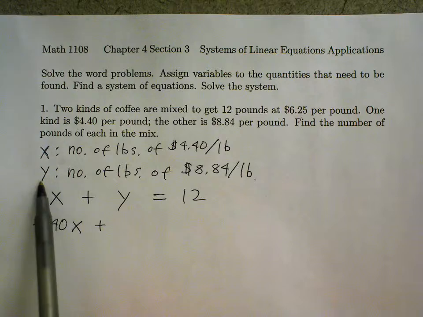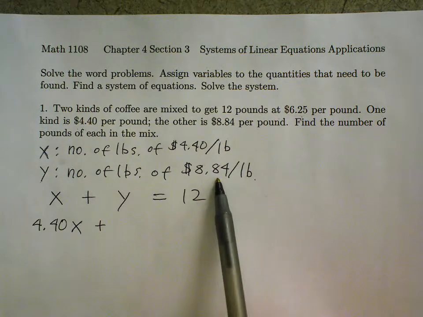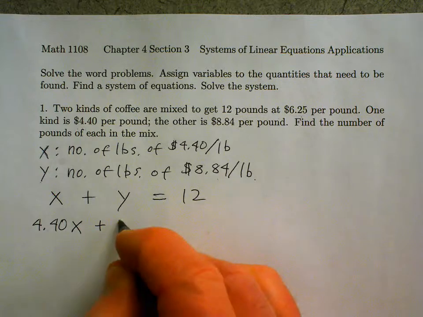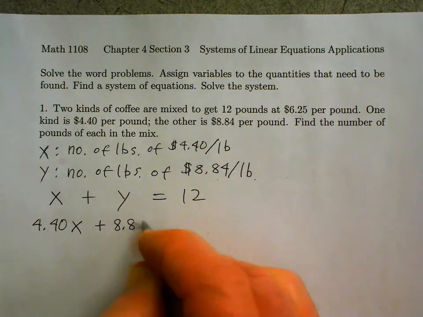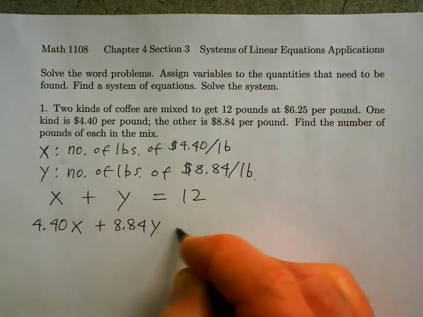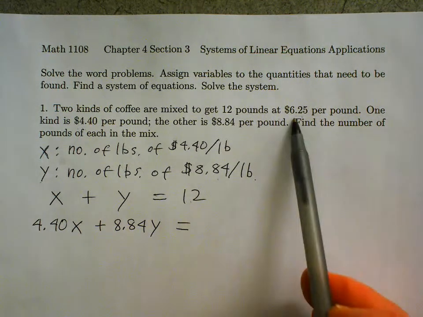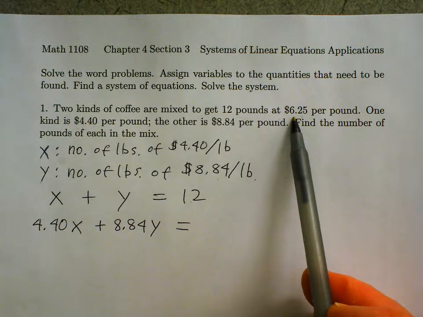If Y pounds is worth $8.84 per pound, then the value that has is 8.84 times Y. And then the mixture of 12 pounds is worth $6.25 per pound.